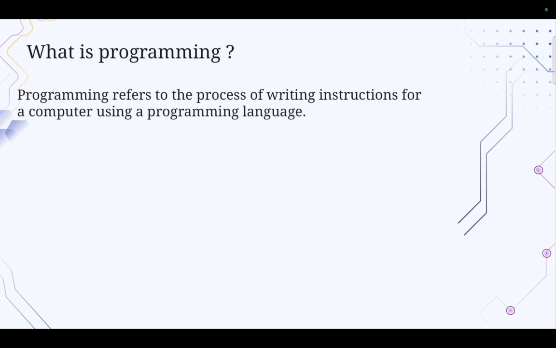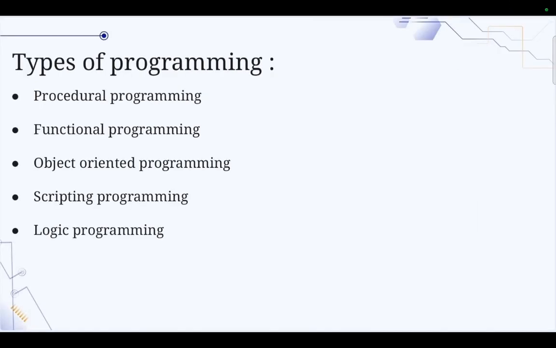Just like we use languages to talk to each other, we use programming languages to talk to the computers. Over the years, programmers have developed different styles of writing code based on how they think and what they are building. These are called programming paradigms.